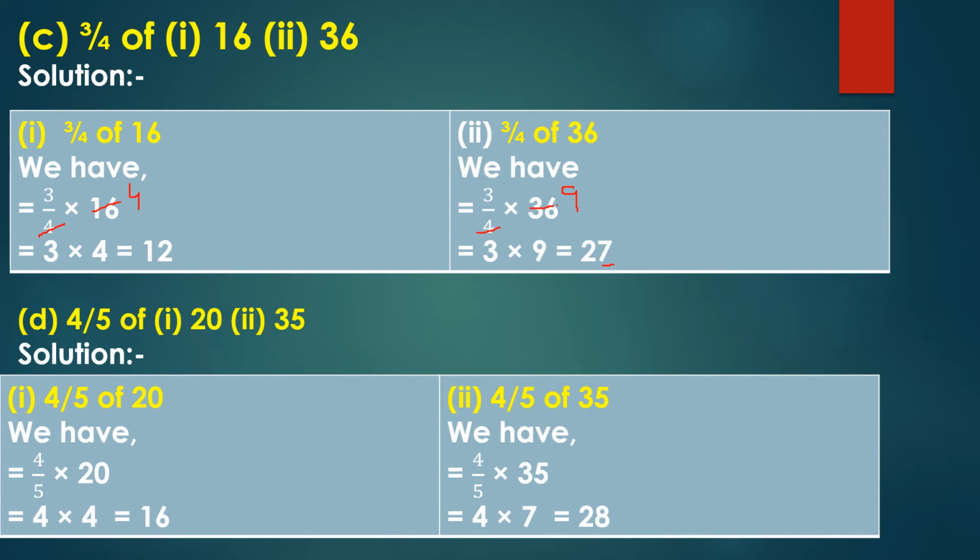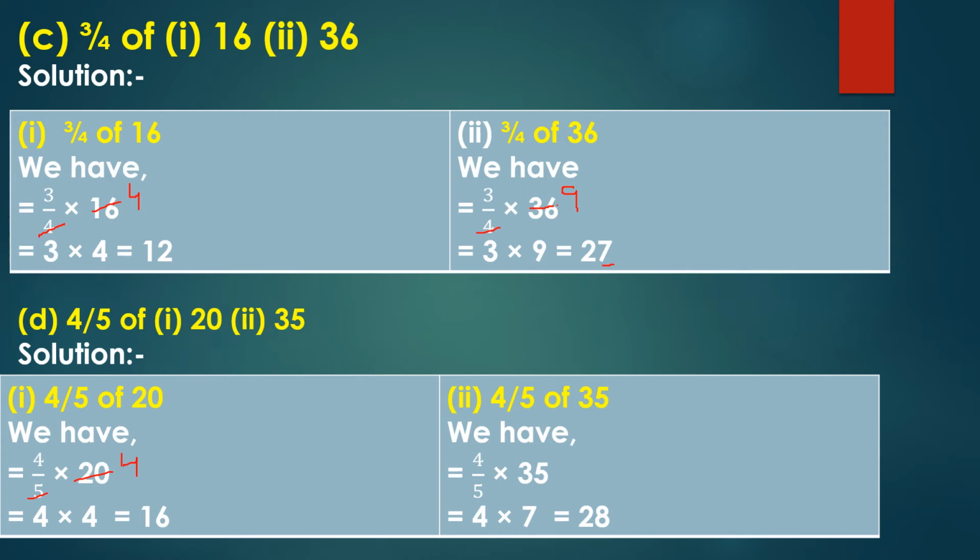And the next, 4 by 5 of 20 and 35. So first let us consider 4 by 5 of 20, which will be equal to 4 by 5 into 20. Okay. So 5 ones are 5, 5 fours are 20. Therefore 4 into 4 equals 16. And the next one, 4 by 5 of 35.